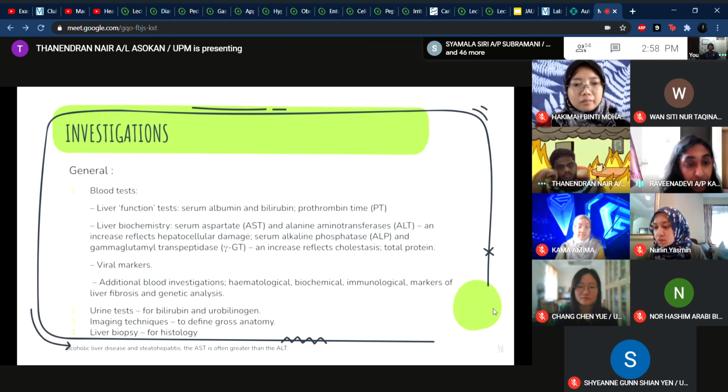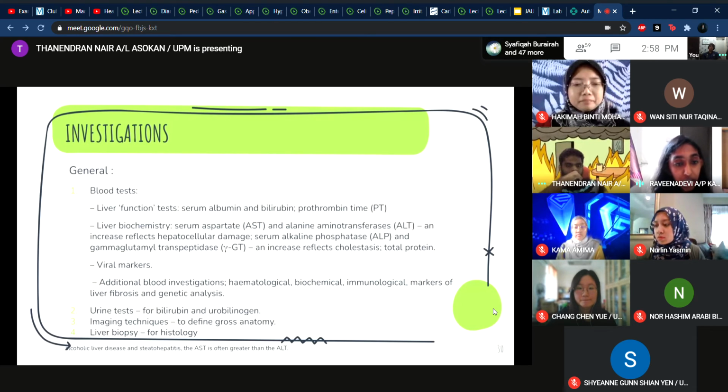Other than that, in the blood test, you could also look for viral markers if the patient is affected by any hepatitis A, B, C, or D. And for additional blood investigations, you could carry out hematological, biochemical, and immunological markers of liver fibrosis and genetic analysis. The next test will be the urine test.